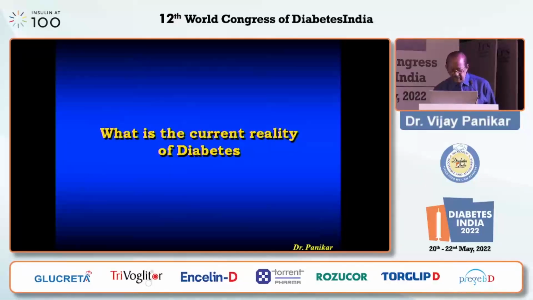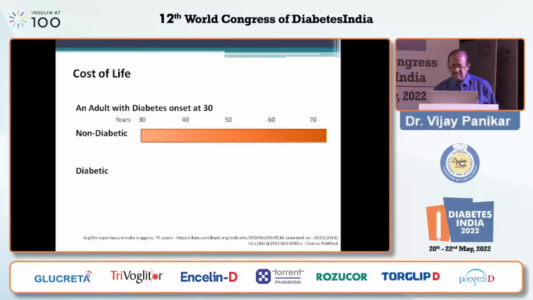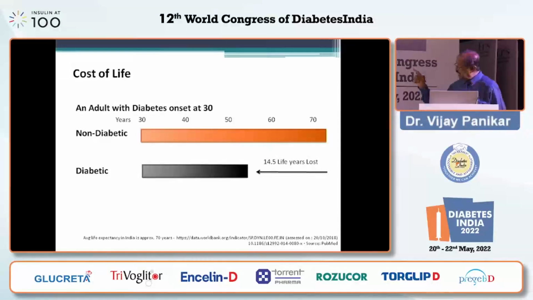But what is the current reality of diabetes? Look at this. This is in India today. A 30-year-old man will live up to 75. That's the statistics. But if you have this same 30-year-old guy who becomes a diabetic at 30, he stands to lose 14.5 years of his life.